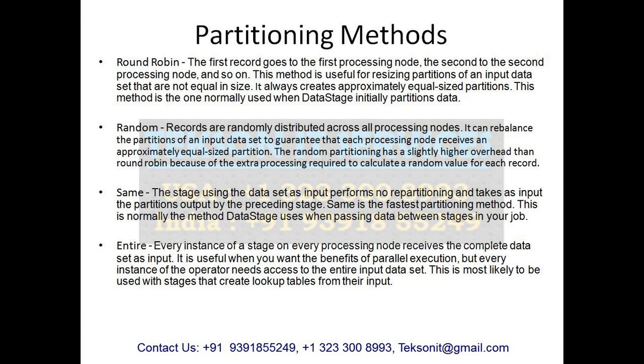In round robin partition, if you have 2 degrees of parallelism and you have 10 records, then the first record will go to the first node, the second record will go to the second node, then again the third record will go to the first node.